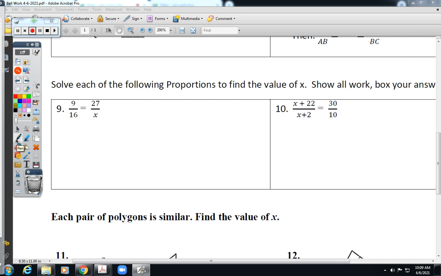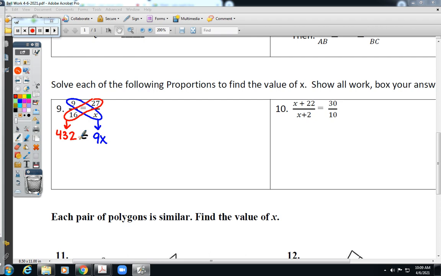When we cross-multiply, we're doing 9 times x, or 9x, is equal to 27 times 16. Is that 432? Okay, so it gives us 432 is equal to 9x. That's how proportions work. The means are equal to the extremes.